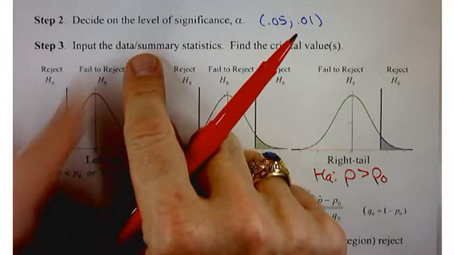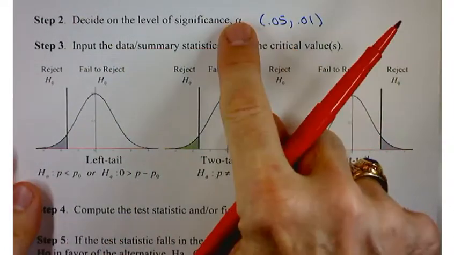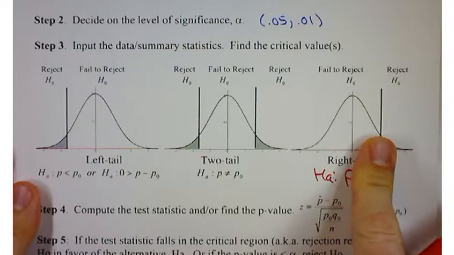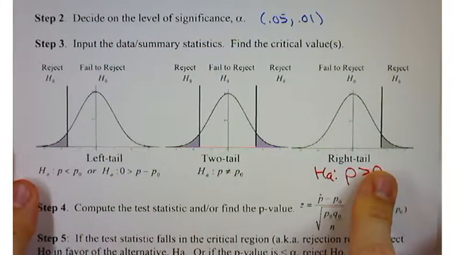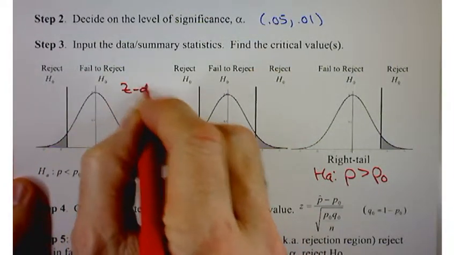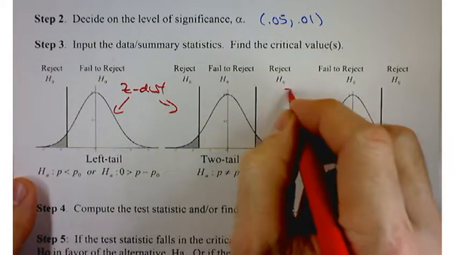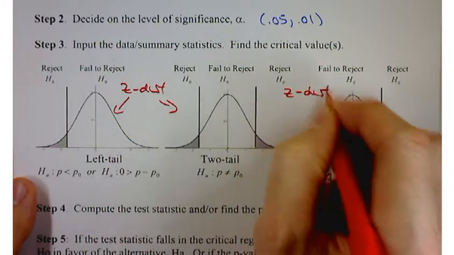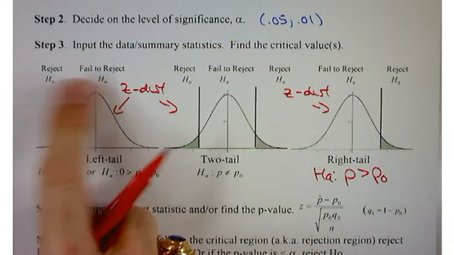Now, with a classical approach, you would then use that value of alpha to find the critical values. Depending if you have a left tail, 2-tail, or right tail test, that's going to separate the z distribution, which is here, here, and here, into reject and fail to reject regions.